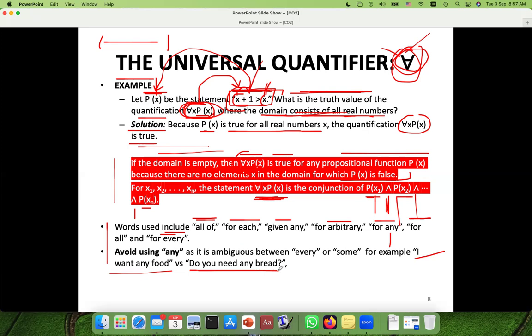It means a small amount of bread, not all the things available at the house. So the word can sometimes give you an ambiguous meaning. You have to understand what the meaning actually is, and then use the quantifier accordingly.